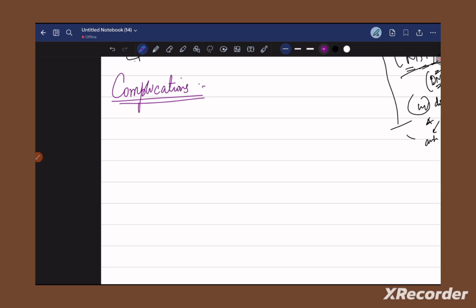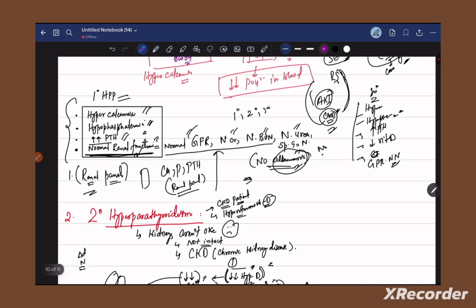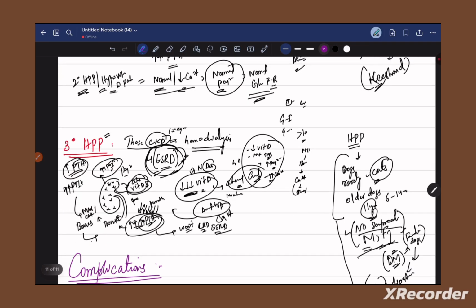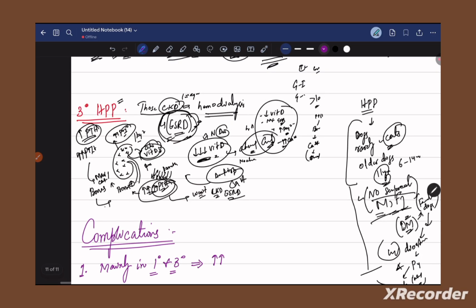Just remember, as I told you, in primary and tertiary there is always hypercalcemia. There is hypercalcemia in primary, and there is also hypercalcemia in tertiary.